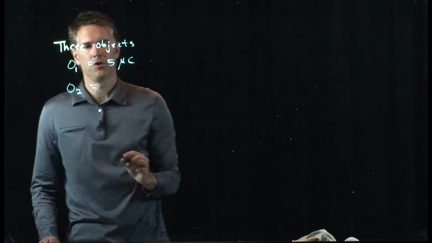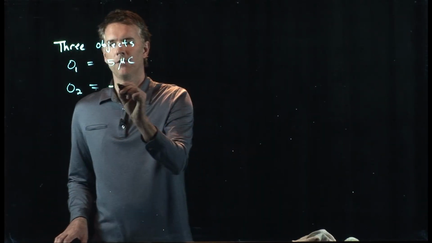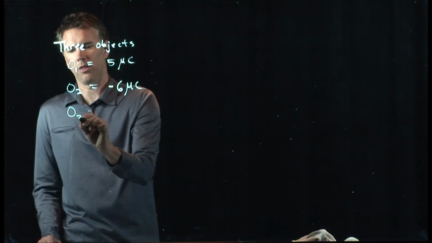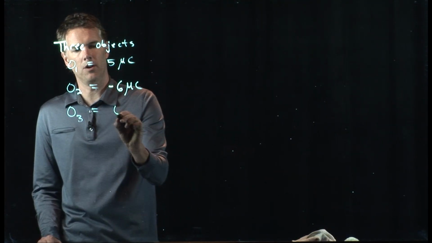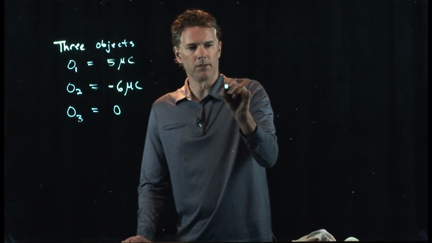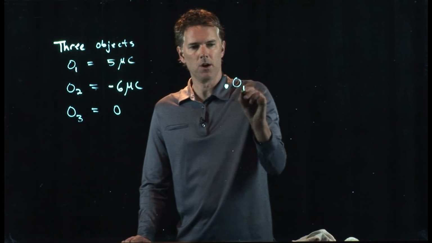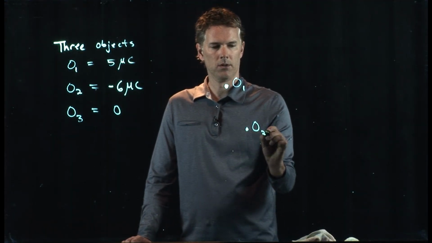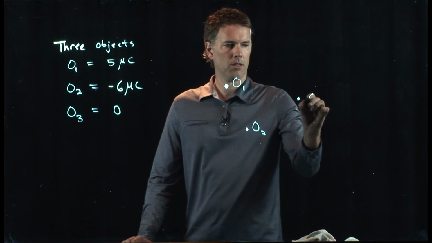O2 has a charge of minus 6 microcoulombs. Object 3 has a charge of 0. And let's put those 3 objects right here. Here's object 1, here's object 2, and here's object 3.